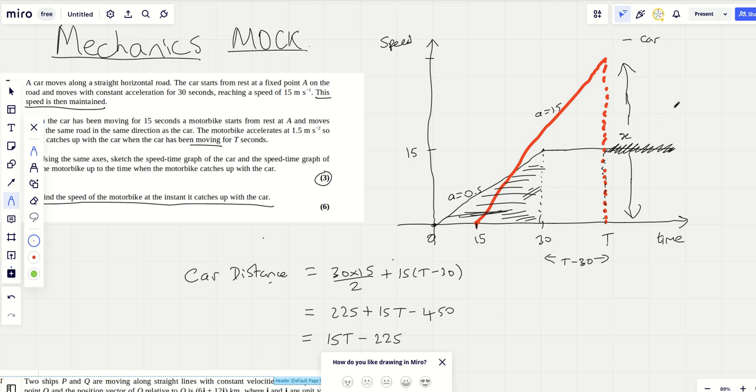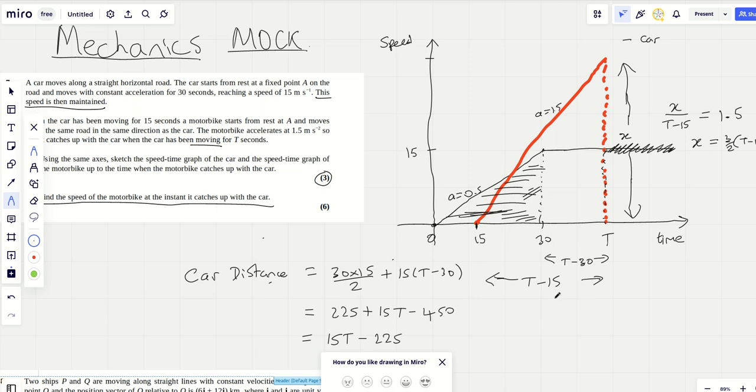I could say x divided by run, which will be t minus 15, has to equal 1.5. And so x actually equals 3 over 2, which is 1.5, times t minus 15.